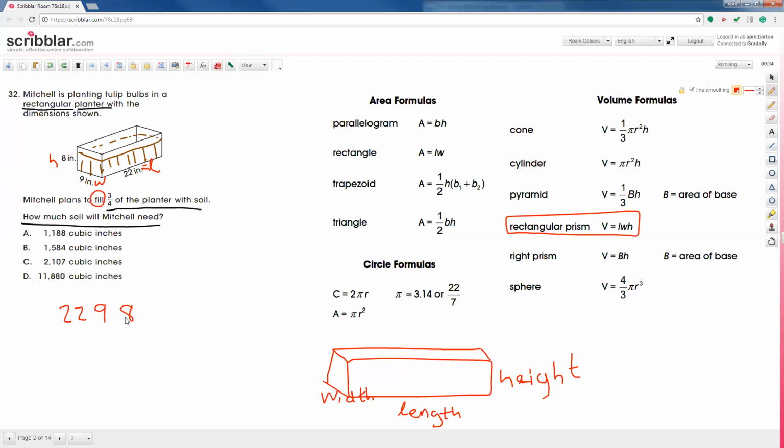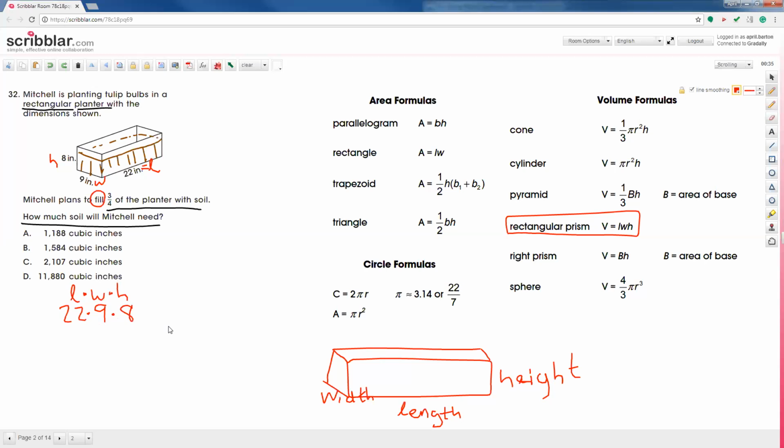It doesn't mean we just have the number 2298. Those being next to each other means to multiply. When you have two letters touching, even though they don't write the multiply into the formula, it does mean multiply. This means length times width times height. So our numbers, 22 times 9 times 8.